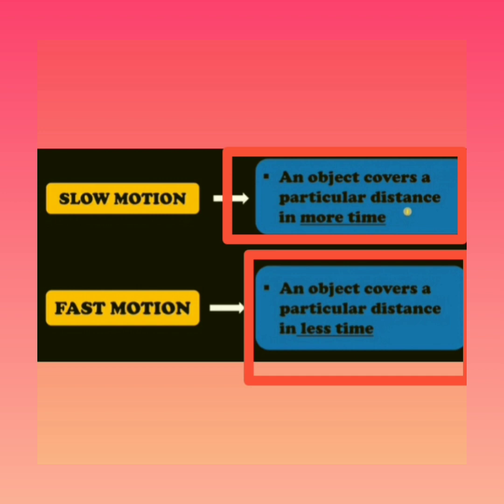Here you can see an example. Consider a 100-meter race event. In your physical classes two years ago, it always happened in our school. So consider a 100-meter race event.